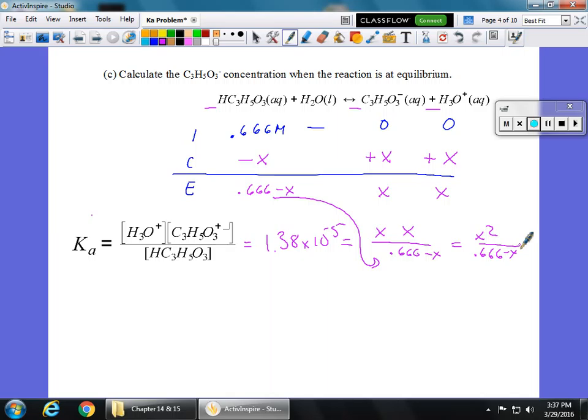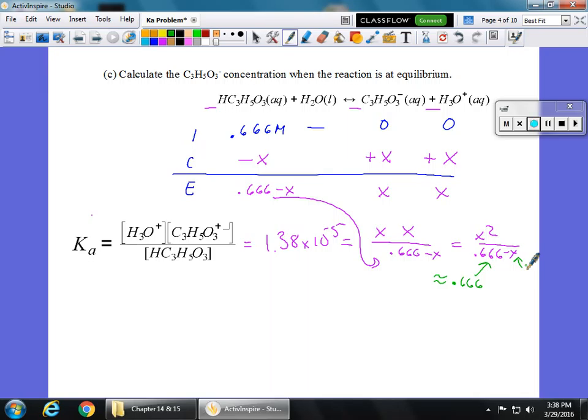If you don't want to use the quadratic equation, which you could also use, we can just take this part on the bottom, and we can say that because the K is so small, this is roughly equal to 0.666. Okay? That X is going to be such a tiny number. So we're essentially assuming that's going to be a 0. And what we do is a method of successive approximation.